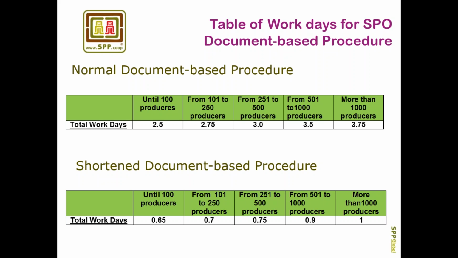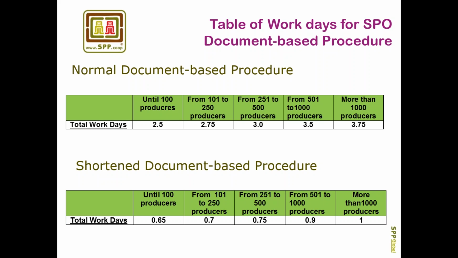For an organization with up to 100 producers, the certification entity must consider 2.5 days. At the end, for more than 1,000 producers, the certification entity must consider 3.5 days, almost 4 days. In these days must be included all the activities for the certification.